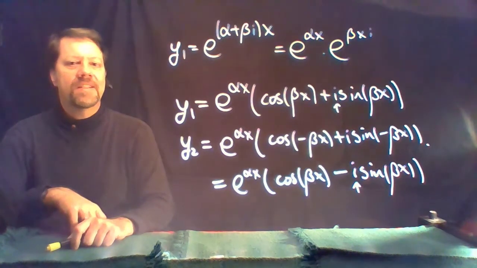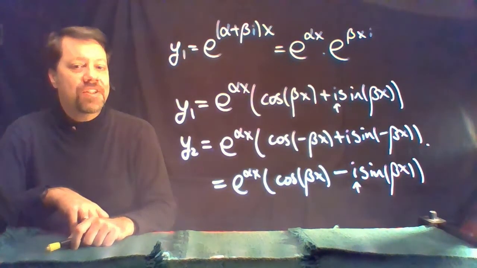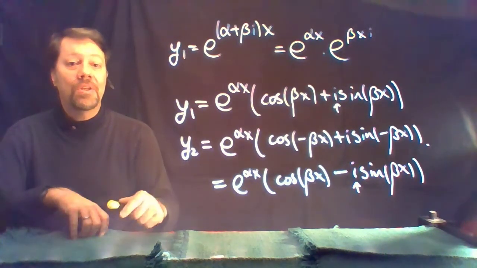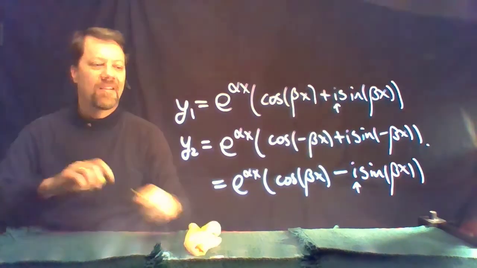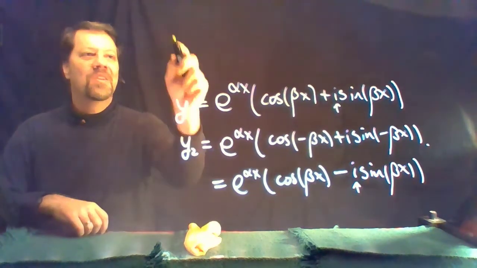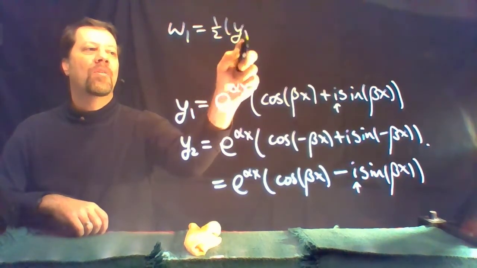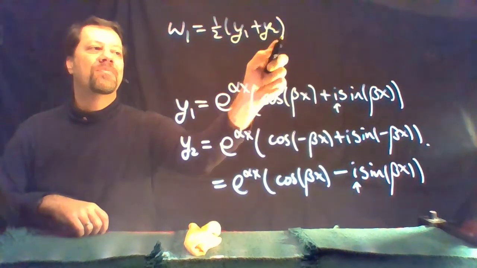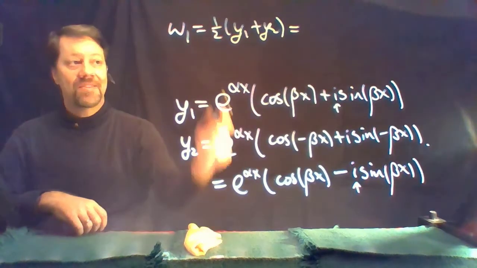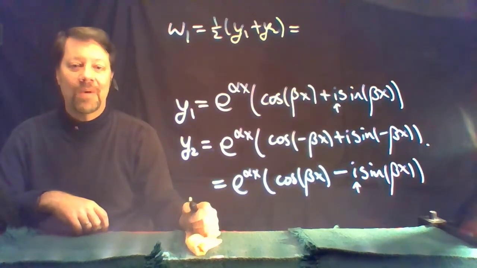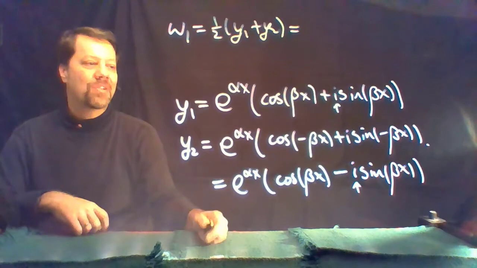Remember, we have a theorem that says that linear combinations of solutions will yield solutions. I'm going to start by taking w1 to be 1/2 times y1 plus y2. That's just a linear combination of y1 and y2, and hence we have a solution.